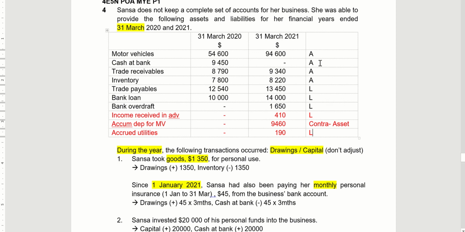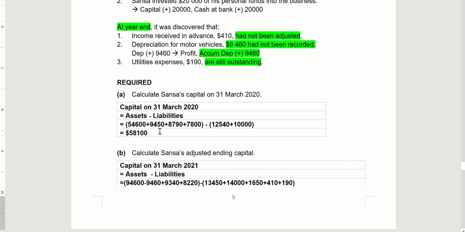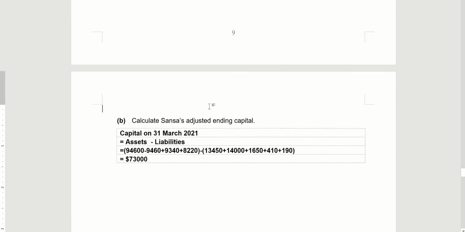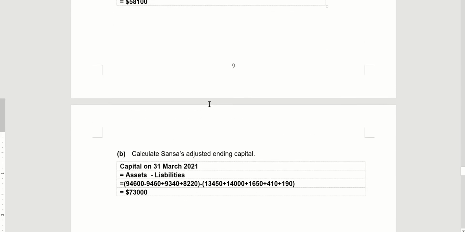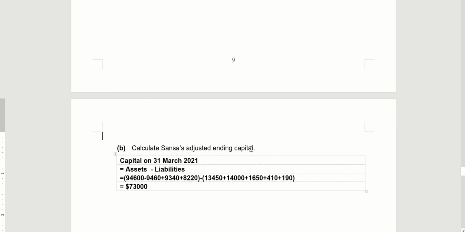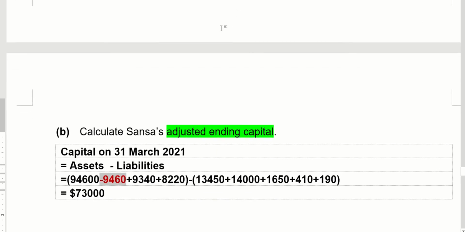Using all these, you should be able to calculate the adjusted ending capital. Let me give you a hint: the ending capital needs to be adjusted. Asset equals L plus OE. You see here that you need to deduct away the accumulated depre. Do you notice the accumulated depre that you deducted away here?